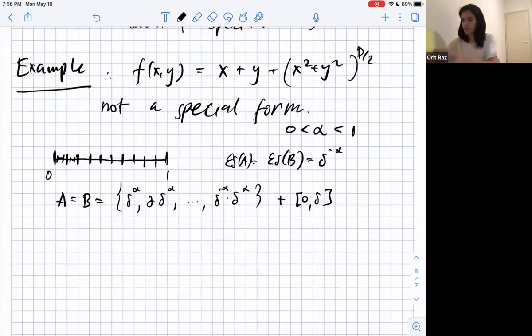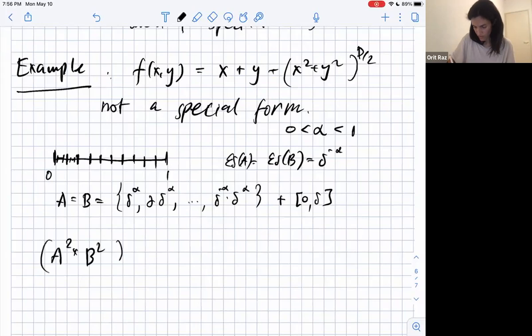okay, so let me just, if I take A squared Cartesian product B squared intersected with [0, delta to the 1 over d]. There are constants here, but I'm not writing them because I feel it only distracts.